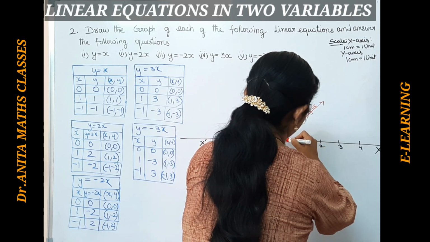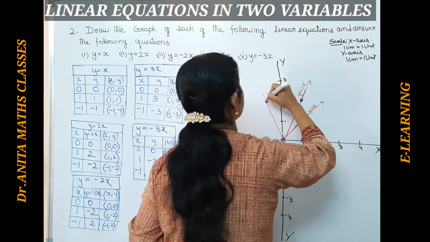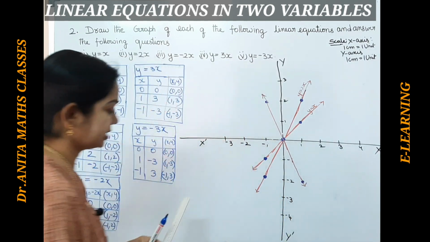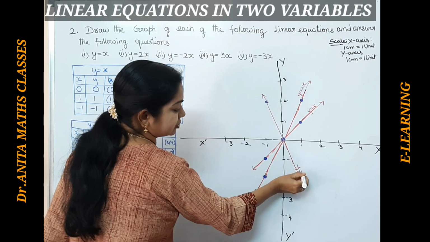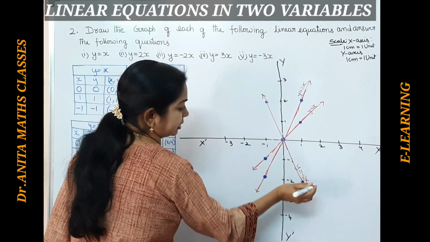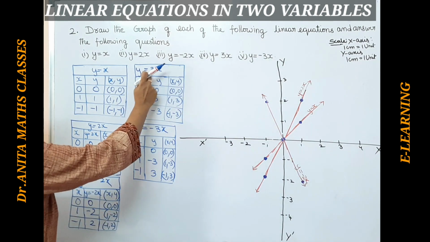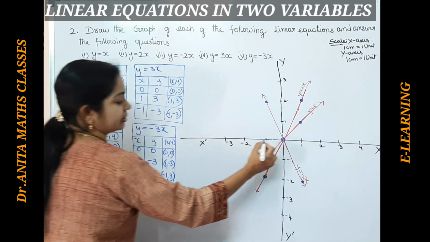If it is a curve or a parabola, you can just join it freehand. Okay, these are the points, and the graph is y equal to minus 2x. Now the next one, y is equal to 3x: 0, 0, the same one, and 1, 3.